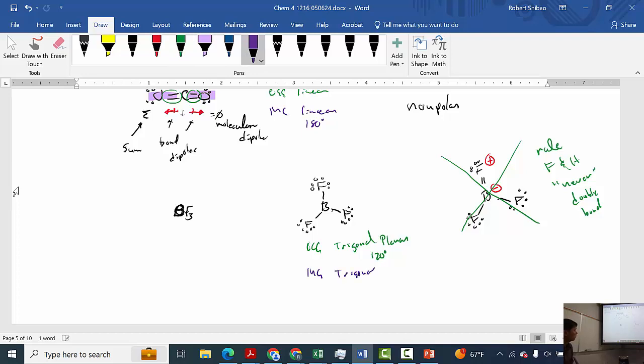Trigonal planar. Angle for trigonal planar? What's the MG? And angle? Any distortions? No distortions.